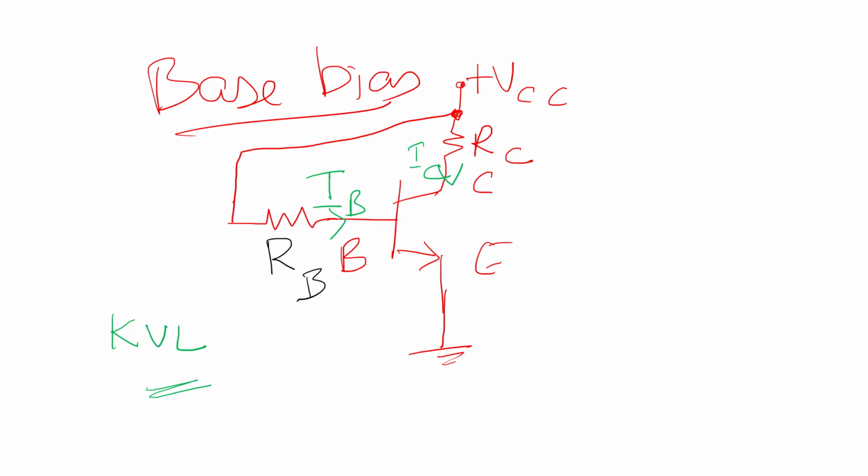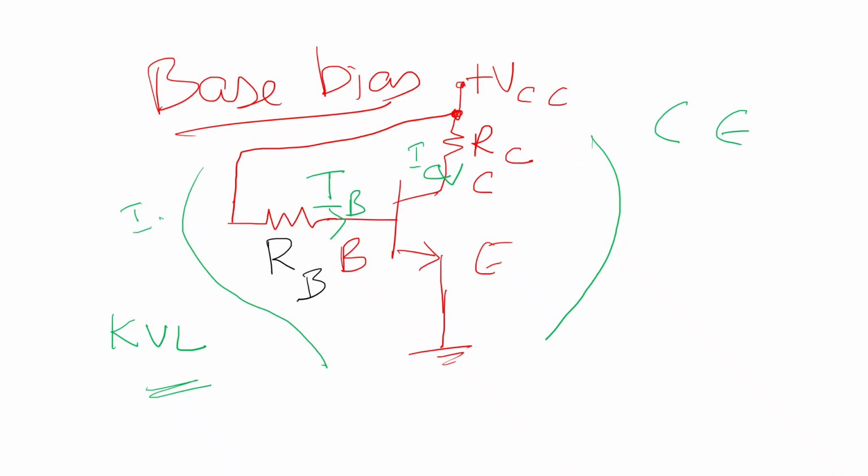The first one, applying KVL in the outer loop. This will be considered the first loop and this the second loop. This is called the input loop because we are feeding the input to the base terminal. The collector-emitter loop is called the output loop. Here the emitter terminal is grounded, so this configuration is called common emitter configuration.